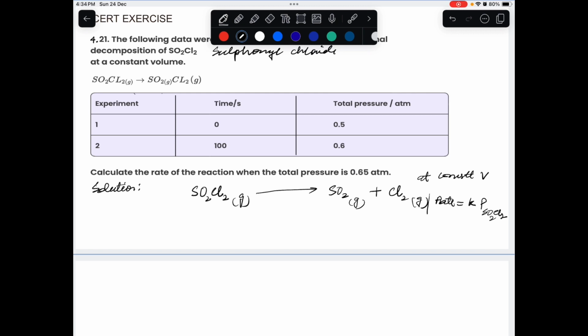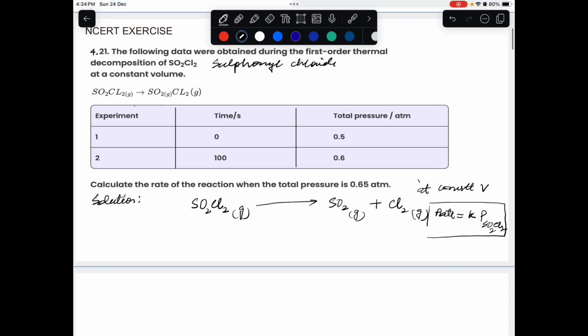So this is the rate expression, and we have written the rate expression keeping in mind that the reaction is taking place at constant volume, therefore partial pressure is used, and this is first order kinetics. Okay, therefore the partial pressure term is having power 1. Now, what we have to calculate in this case, they have given a table. In this table, they have given two experimental observations.